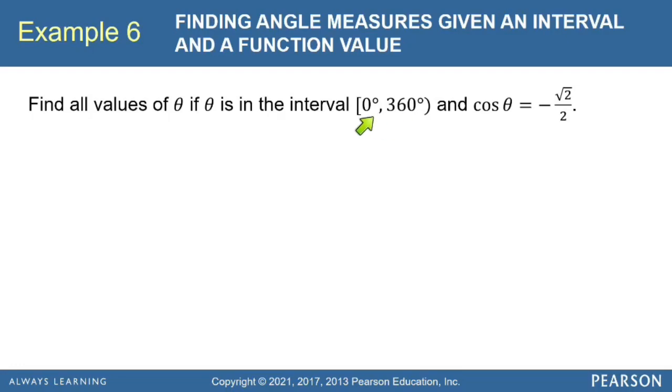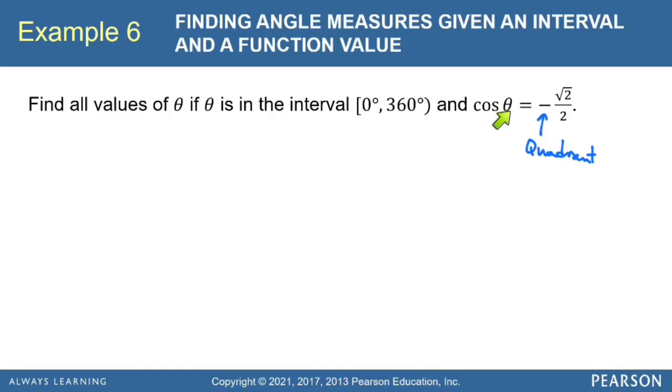So notice that we are asked to find all of the angles between 0 and 360. So we need to consider all 4 quadrants. And the first thing that I notice here is that they've given us a negative cosine value. So that negative sign is going to tell us what quadrants our theta could possibly be in.